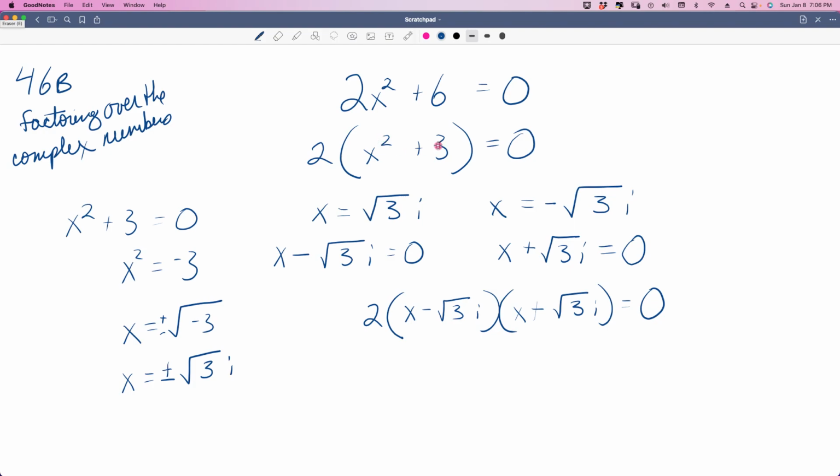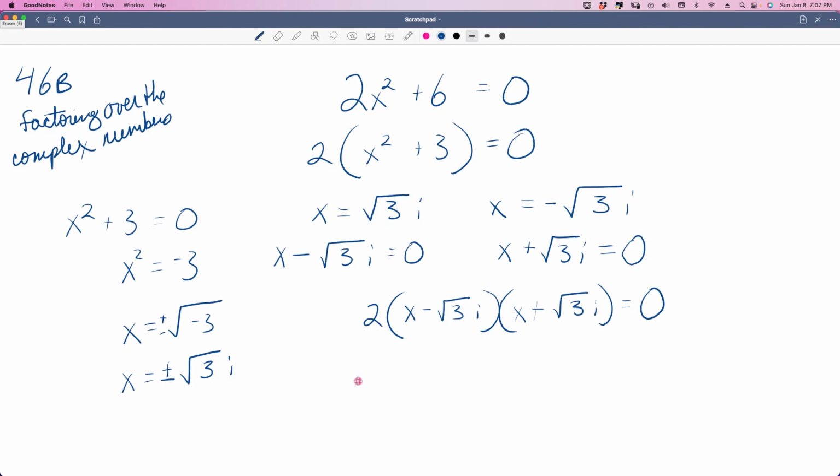Now we have broken what we thought we could not factor before into complex numbers, and it's factorable. We were able to do that. And so that's how we would factor over the complex numbers and break it down. And if we were to take this and multiply, we would eventually get right back to 2x squared plus 6.